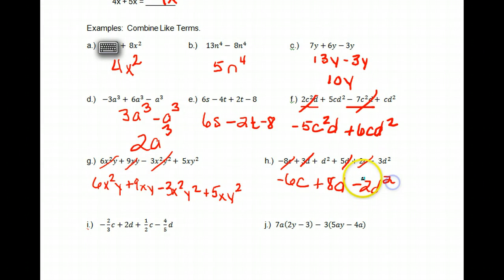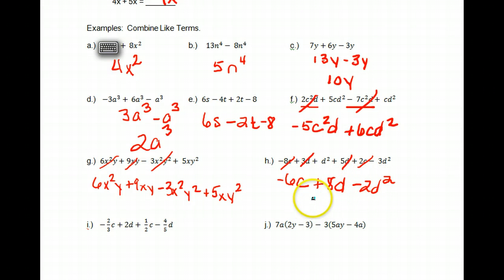Now you may have remembered earlier in the lesson that I said that your exponents should always be in descending order, meaning that we start with the biggest power and go down. Well, that's not what I've done here, right? My exponents go 1, 1, 2. Why did I do that?